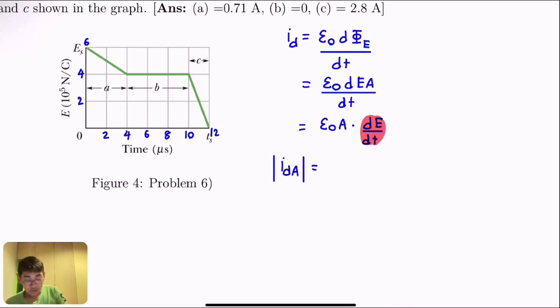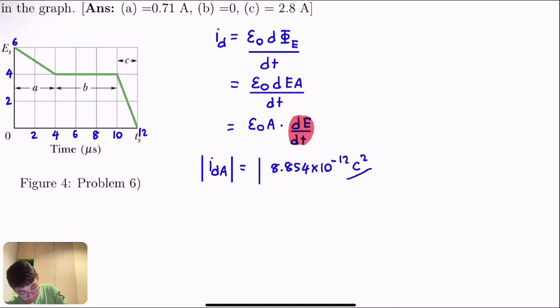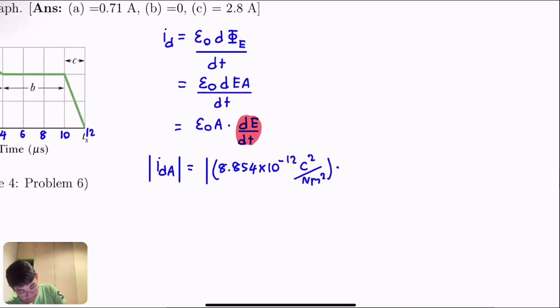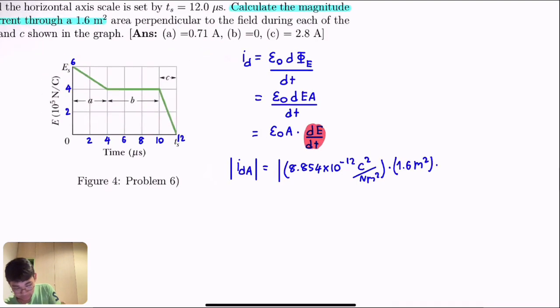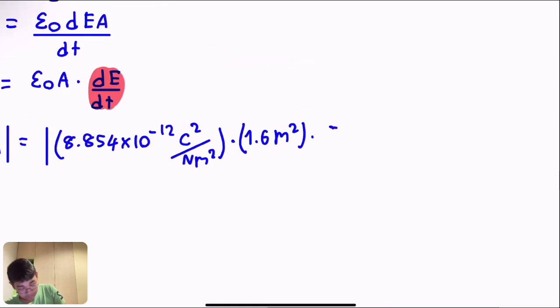Equal to epsilon naught, which is a constant at 8.854 times 10 to the power of minus 12 Coulomb square per Newton meter square, and A is 1.6 meter square, and then the slope is 4 minus 6 over 4 minus 0, so it's minus 2 times 10 to the power of 5 Newton per Coulomb, and for time, 4 microsecond, so it will be 10 to the minus 6 second.